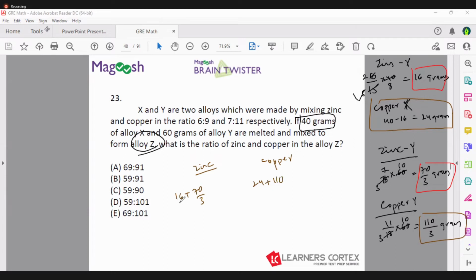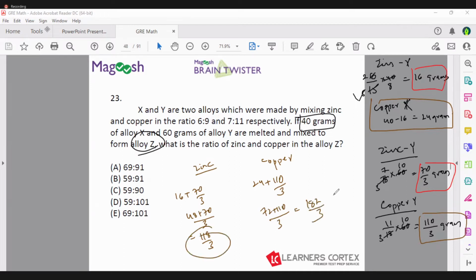Now this would give us 48 plus 70 over 3, or 118 over 3. And this would give us 72 plus 110 over 3, or 182 over 3.